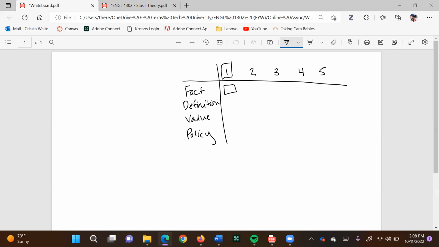So for your first stakeholder, you've already done this research. You wrote your annotated bib. The annotated bib looked at 3 different sources. You're able to hear from your sources that you gathered the facts, the definitions that they're using, value, and policy.